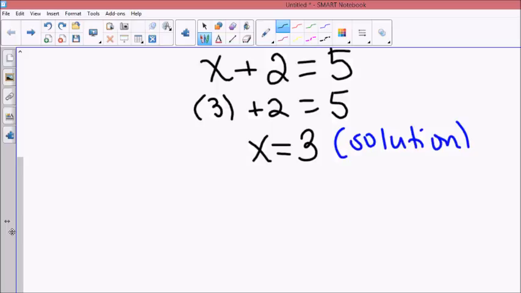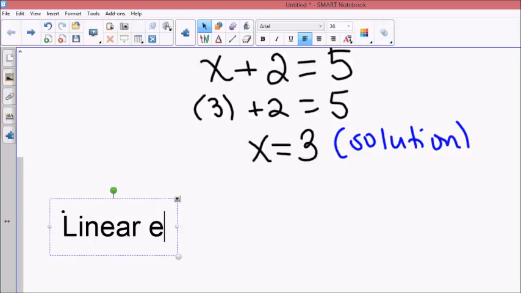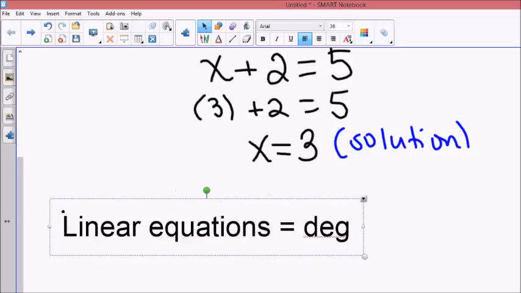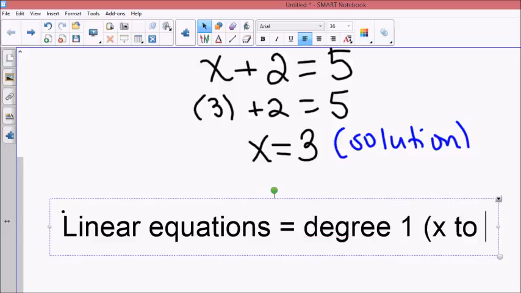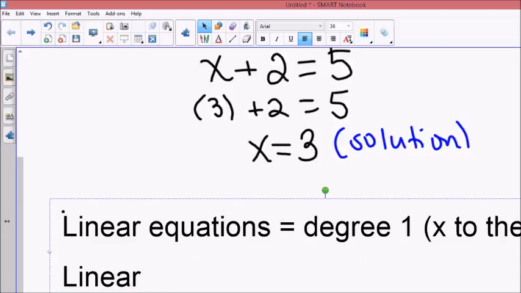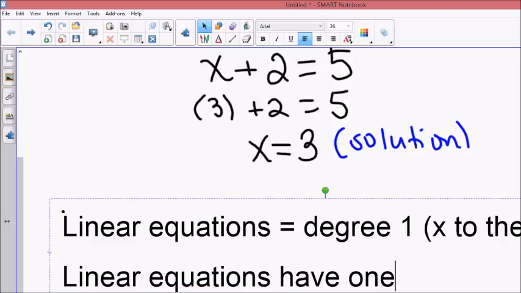The nice thing about linear equations is that a linear equation is degree 1, like I said, which means x to the first. And linear equations have only one solution. So when we replace the x with 3 in the situation above, 3 is the only solution to that. It's the only number I can plug in for x that would make that statement true.